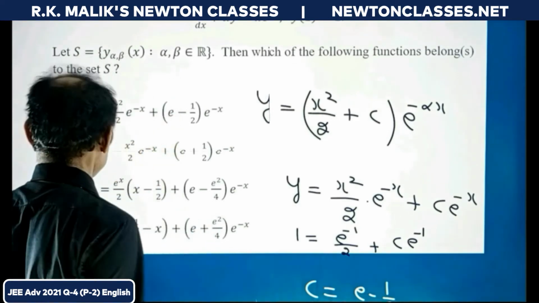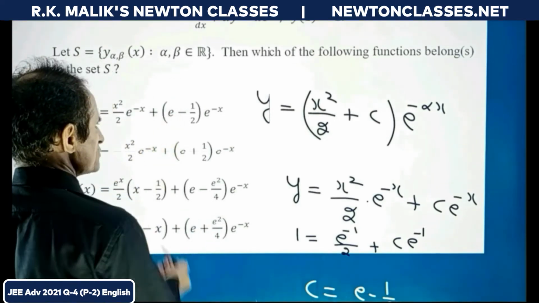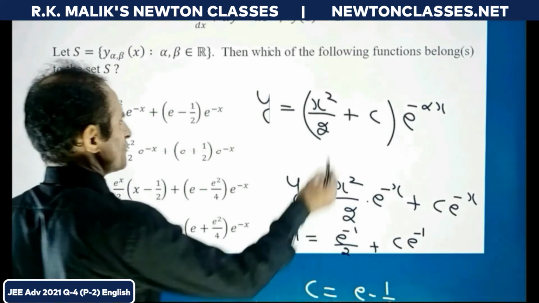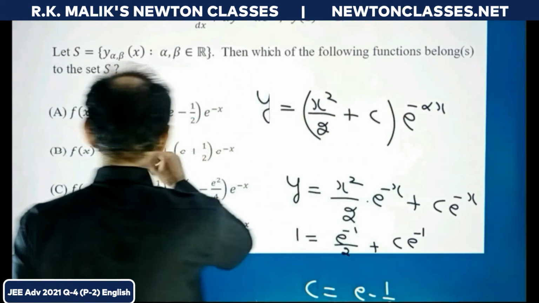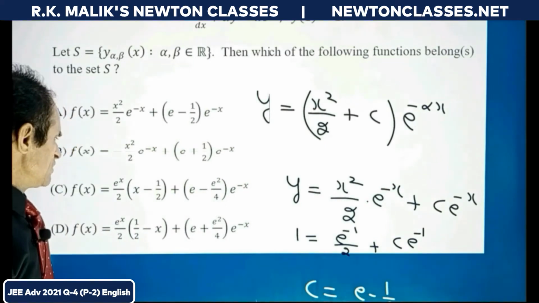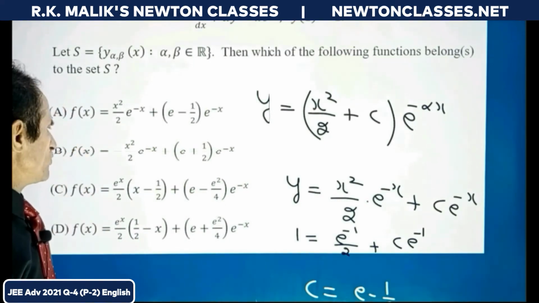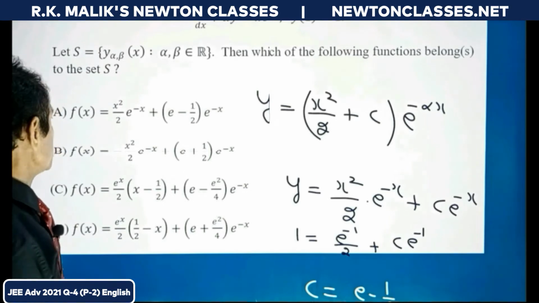Clearly B cannot be correct because for any value of alpha, this cannot be this. Hence B is sure to be a wrong choice.